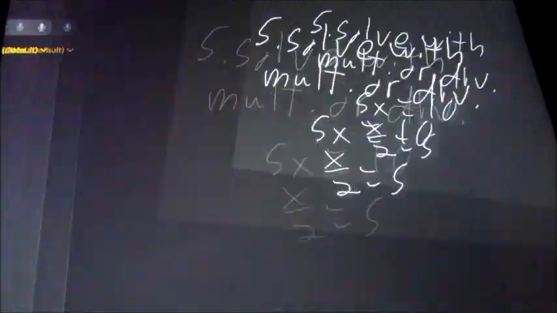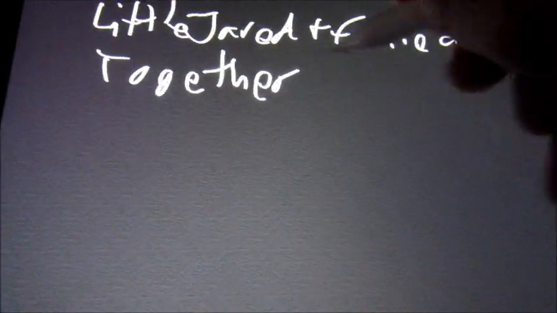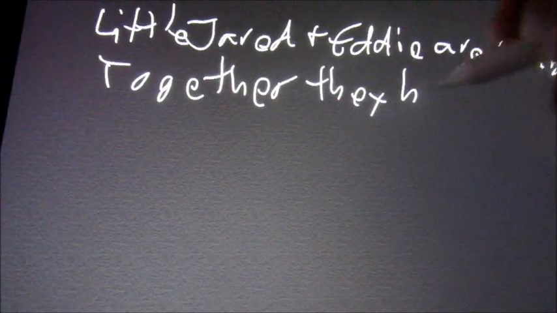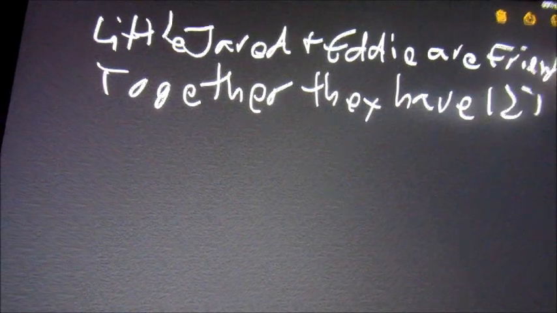Okay, so there are going to be some word problems in this section. So let's say little Jared and Eddie are friends. Together, they have 127 video games.